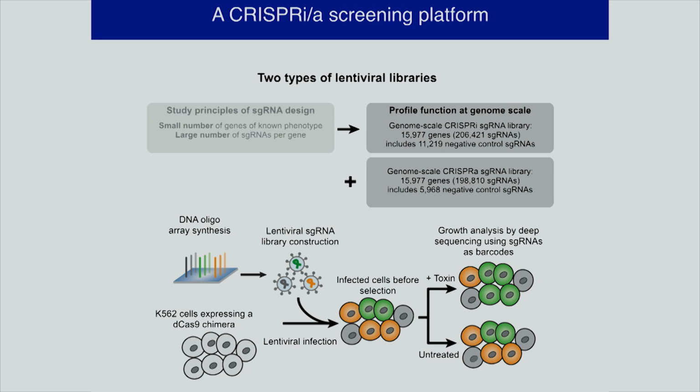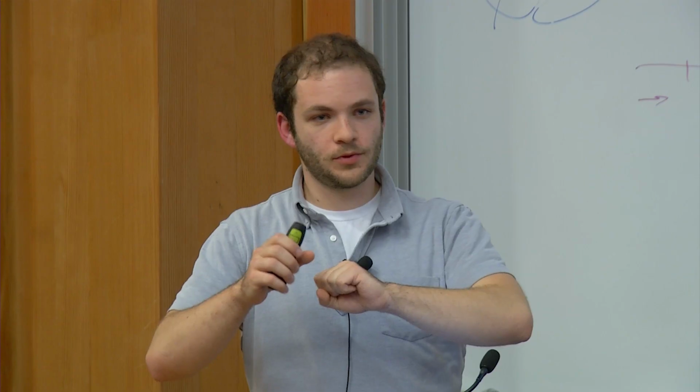If you're blocking polymerase, you can't really activate it all that well, even with a strong activator. So CRISPR-I and A occupy non-overlapping spaces near the TSS, and we've made multiple libraries, one for each.